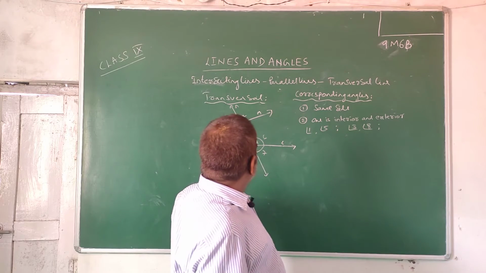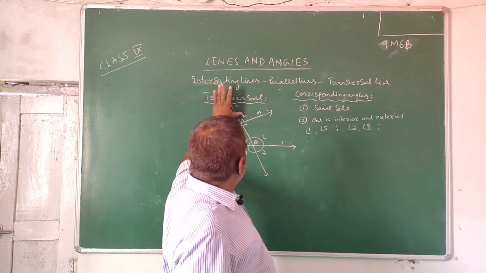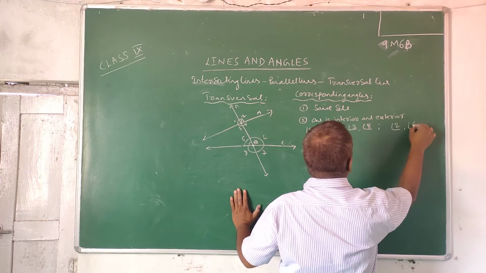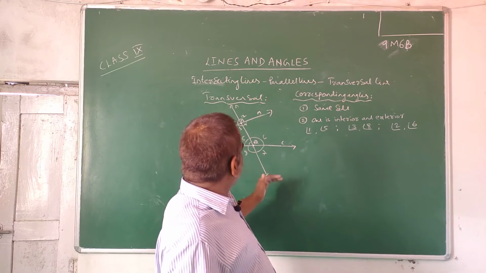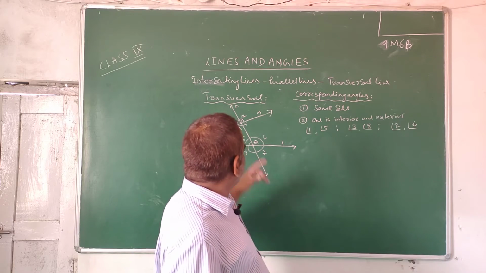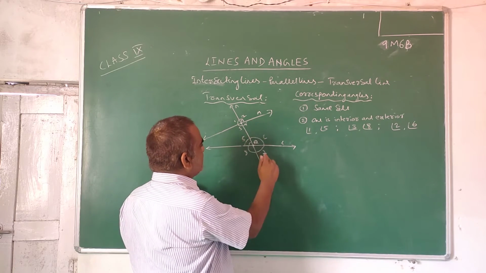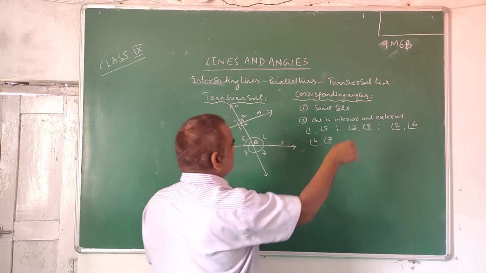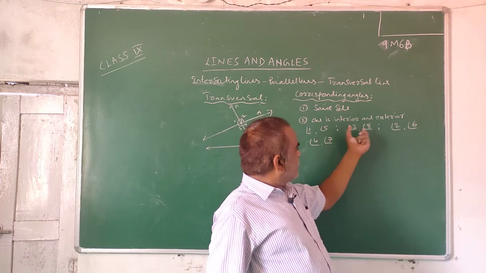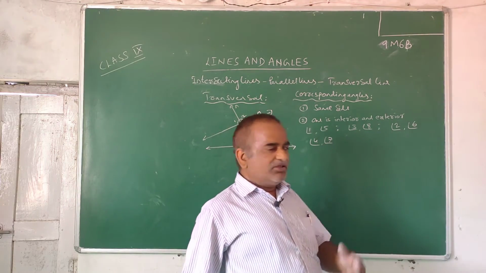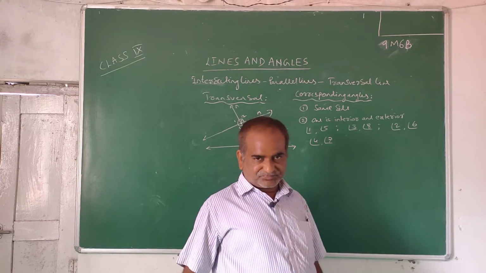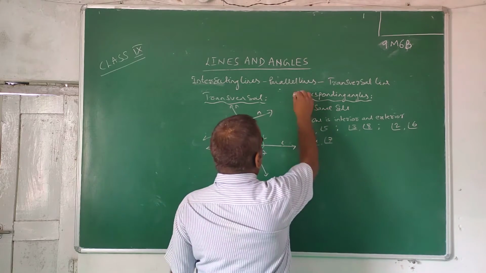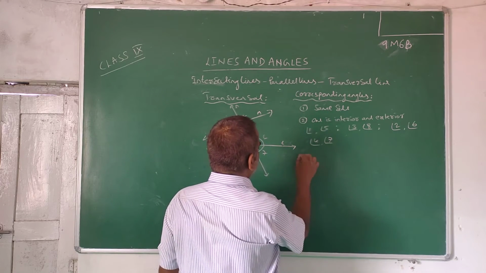Are you following? Next, coming to this side, angle 2 and angle 6, the third pair of corresponding angles. They are on the same side, one is interior, one is exterior. And next, angle 4, angle 7, another pair of corresponding angles. So totally you can see 4 pairs of corresponding angles when the transversal intersects two straight lines.